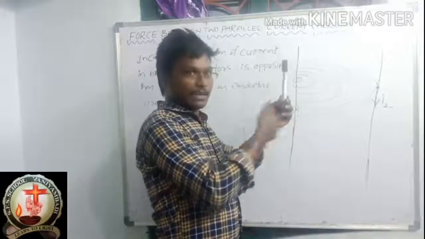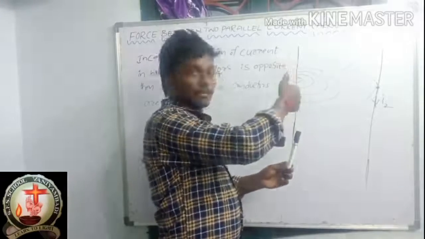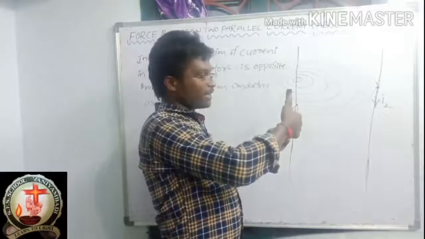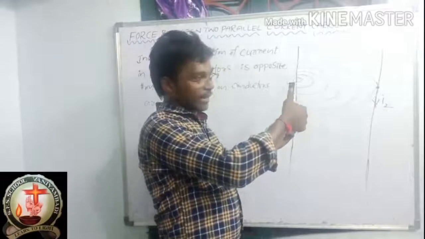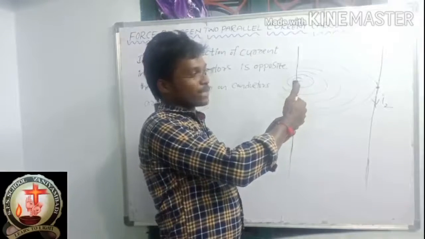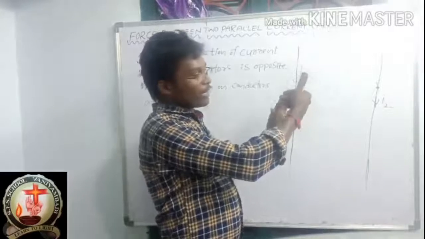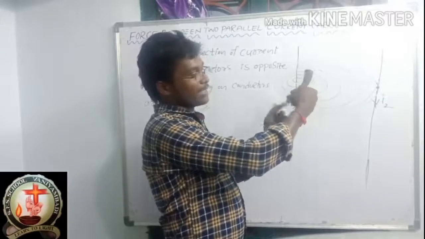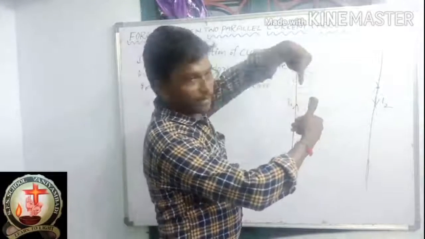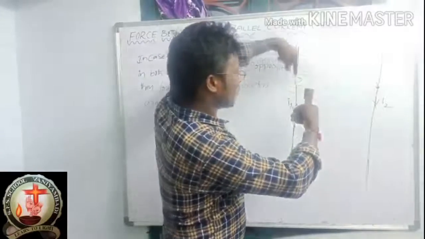The direction of current is upward. Then after keeping the thumb in this direction, in what direction are these four fingers showing? In this direction, correct? So what is the direction of magnetic field?